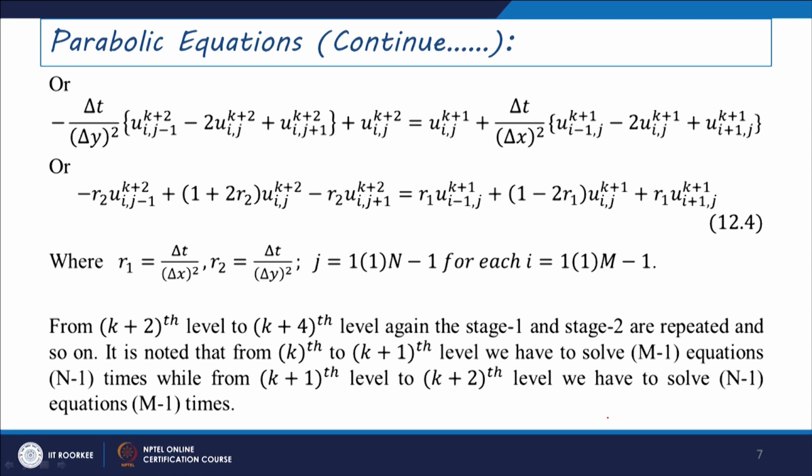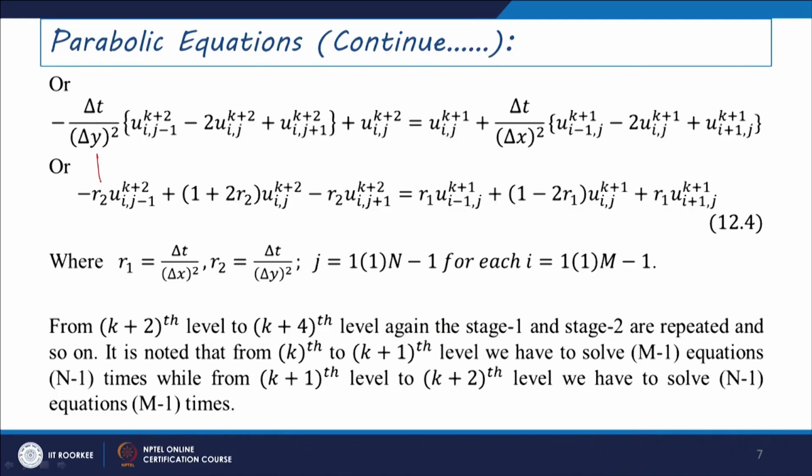Which is in the form of uij k plus 1 plus del t by del x square times ui minus 1 j to the power k plus 1 minus 2 uij k plus 1 plus ui plus 1 j k plus 1 here. And if you put R1 as del t by del x square and R2 as del t by del y square, for j varying from 1 to n minus 1 and i varying from 1 to m minus 1, then we can write this coefficient in the form of minus R2 uij minus 1, then again this minus sign is multiplied with this minus 2.